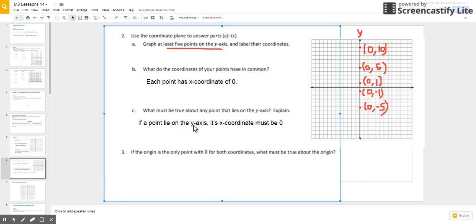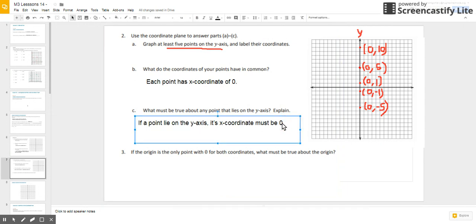Now we need to explain why that is true. Let's go through the explanation. It's because the point is not located to the left or right of the origin, kind of like the other one was not above or below. A point on the y-axis is not left or right of the origin. So that's our good explanation.